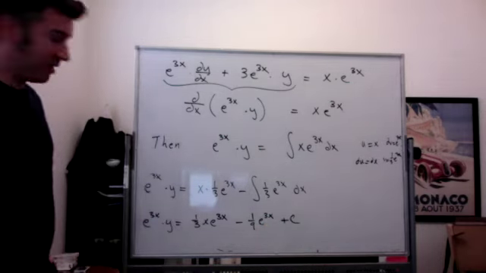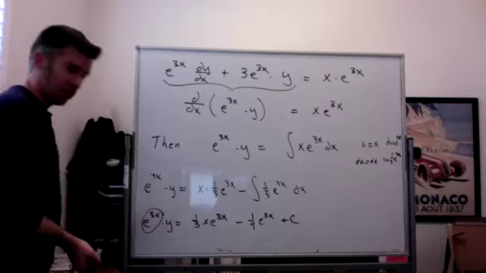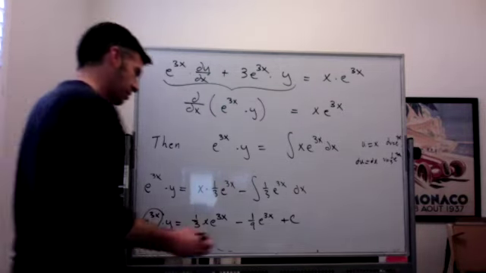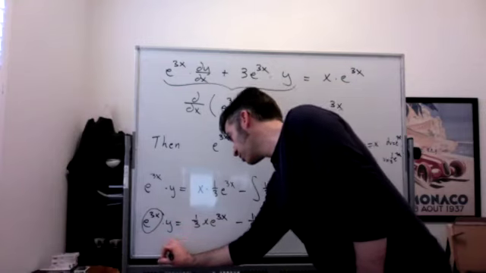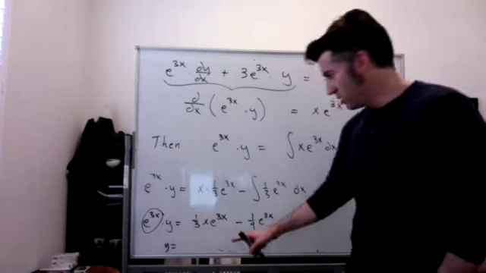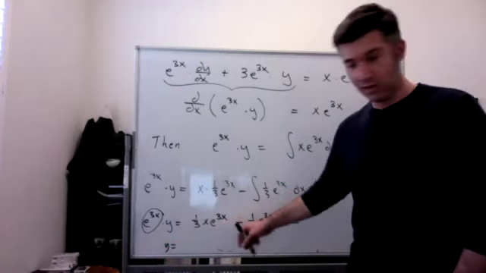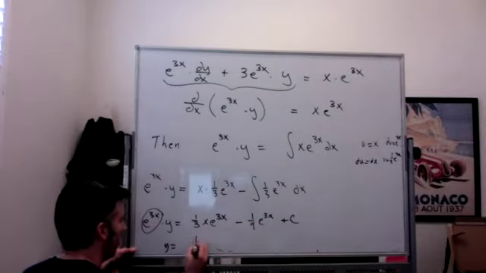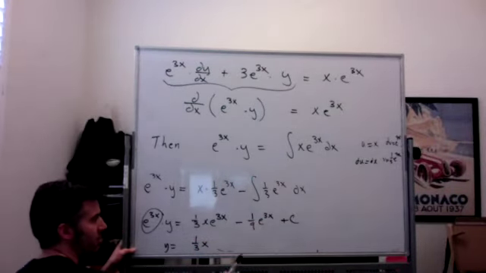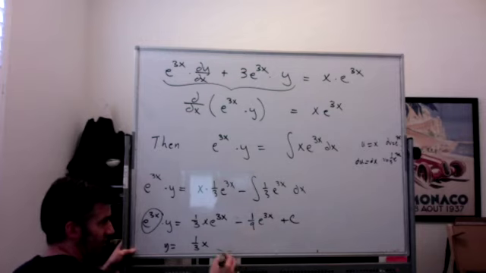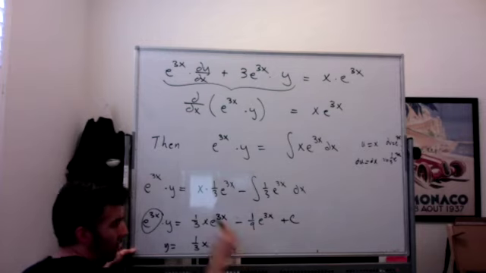And now we divide everything by e to the 3x. And check this out. We're going to get y equal to, so if you divide this by e to the 3x, it cancels. And you get 1/3 x. If you divide this by e to the 3x, you get just minus 1/9.